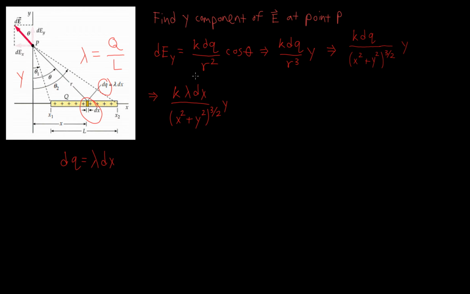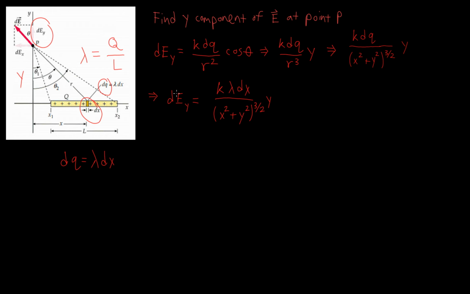And so now this is the final expression, and we just went from the initial expression into this one, and this final expression right here is in terms of x, y, and other constants like k and lambda. And so now the y component of the electric field at point P is given by this expression right here.